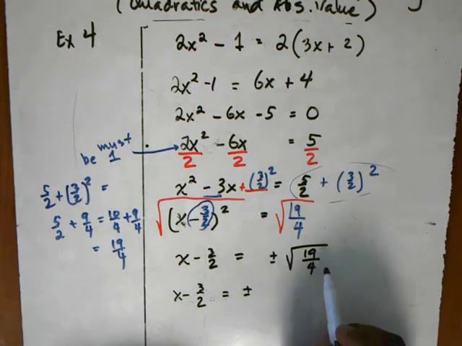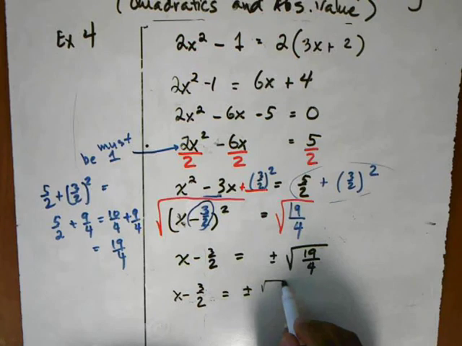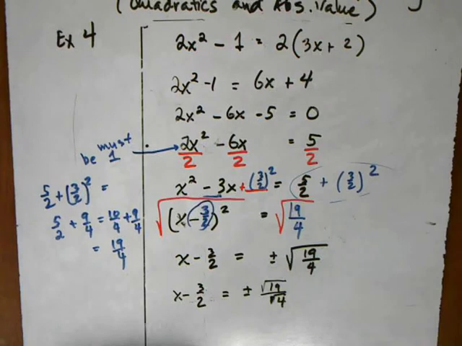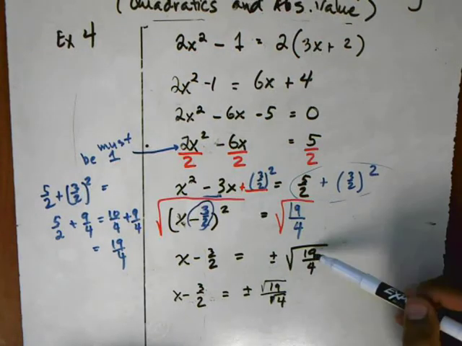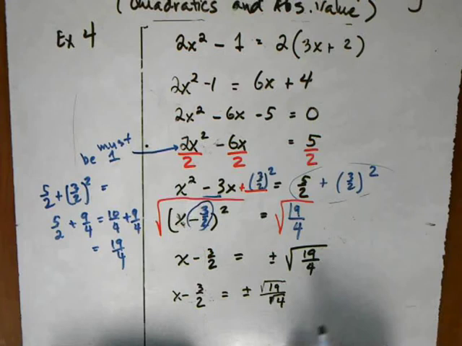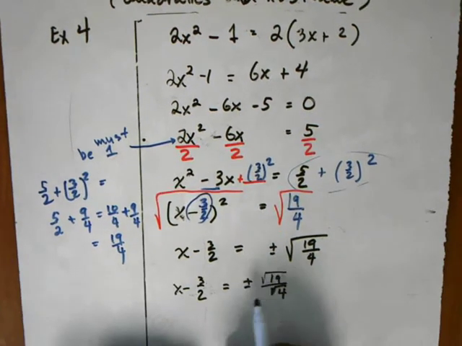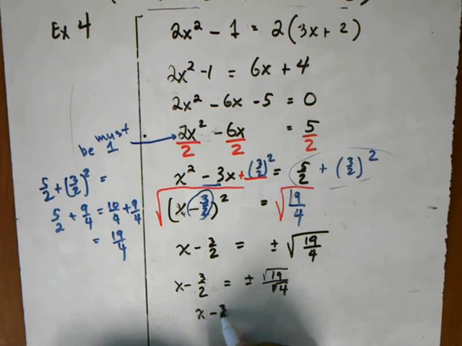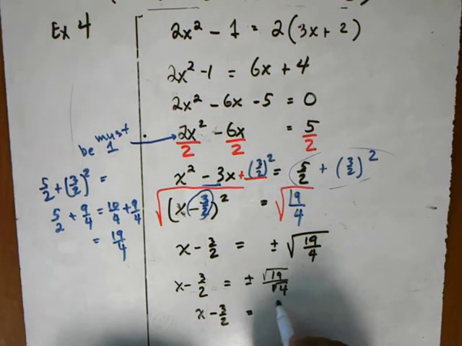If you remember the rules for square roots of a fraction, you can really do square root of 19 over square root of 4. If you don't believe me, try this on a calculator. Square root of 19 over 4 is the same thing as square root of 19 over the square root of 4. Remember the plus or minus. x minus 3 halves equals, and in the denominator, the square root of 4 is just 2.